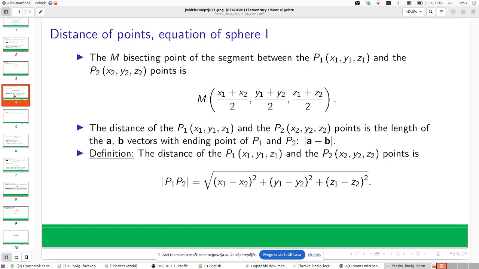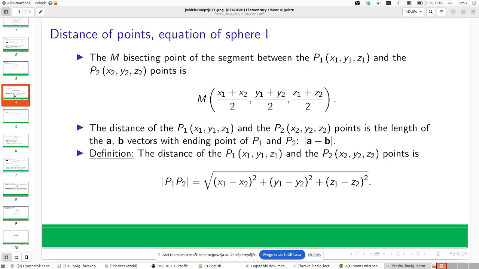So if I want to determine the bisection point here, then I have to say it's, what is the sign?